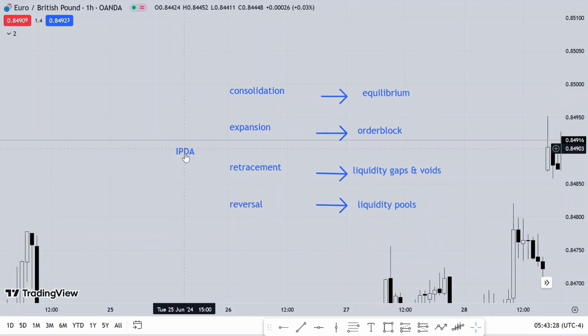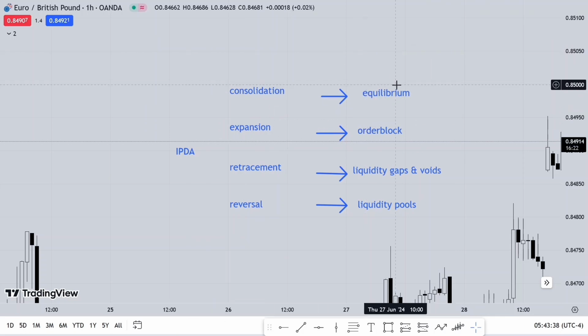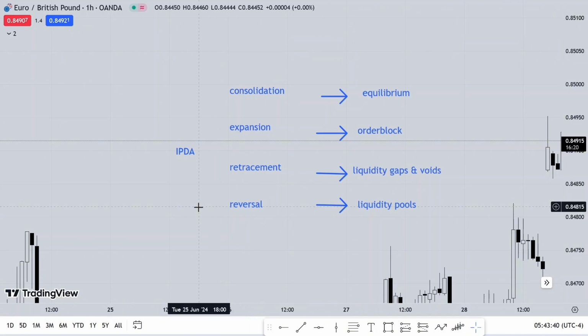So these are the 4 elements in which IPDA does present itself, and each of these elements is an individual model.